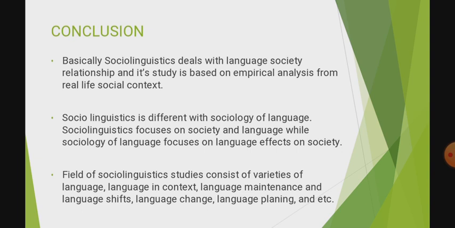Sociolinguistics focuses on society and language, while the sociology of language focuses on language's effects on society. The field of sociolinguistics studies varieties of language, language in context, language maintenance, language change, language learning, and so on.